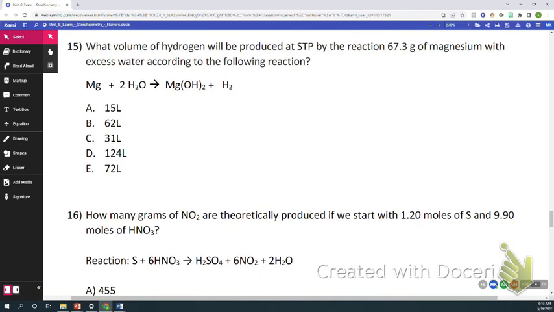Let's take a look at this one real quick. Number 15. What volume of hydrogen will be produced at STP by the reaction of 67.3 grams of magnesium with excess water?